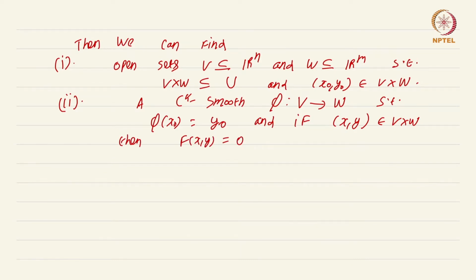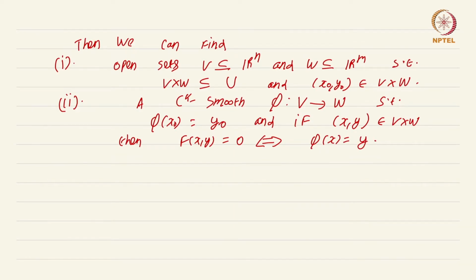That means if you look at the zero set of f, which is also within the product open set V cross W, this can happen if and only if phi of x equal to y.